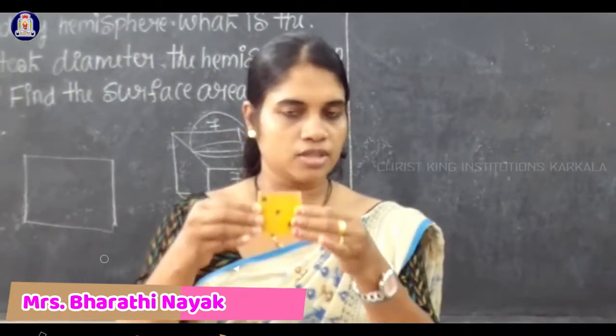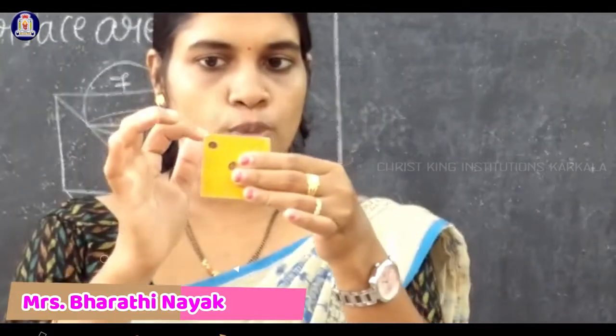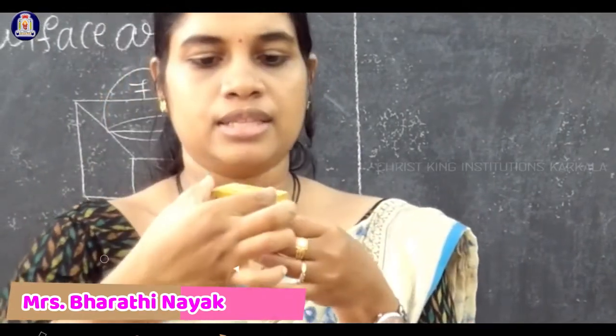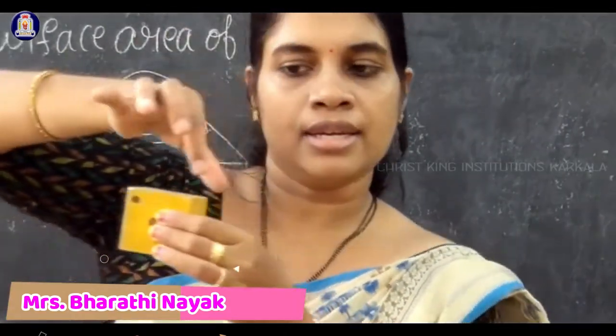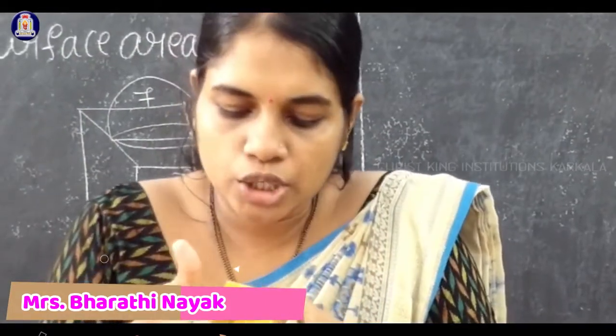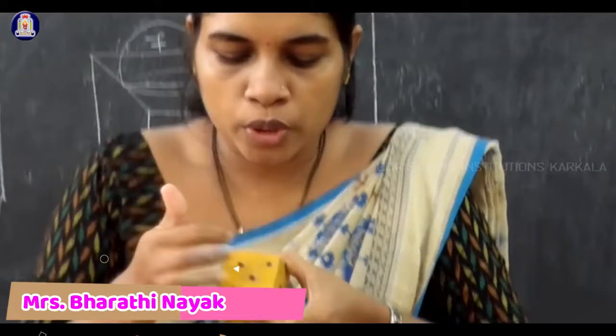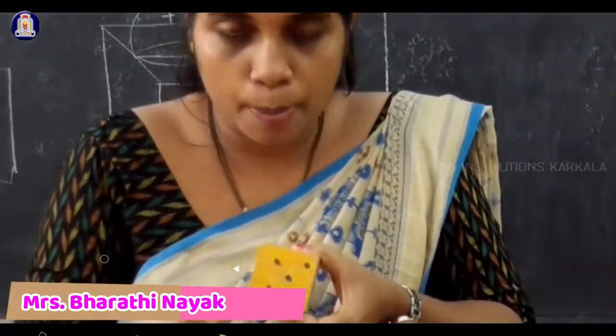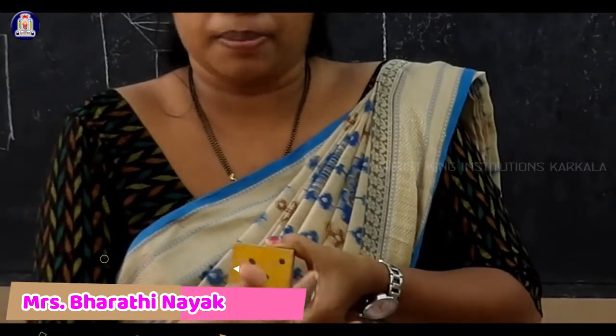Suppose this is your cube. In the case of a cube all the sides are equal, so this is 7, this is 7, this is 7, all are 7. You can observe here the top of the cube is in a square shape, isn't it?